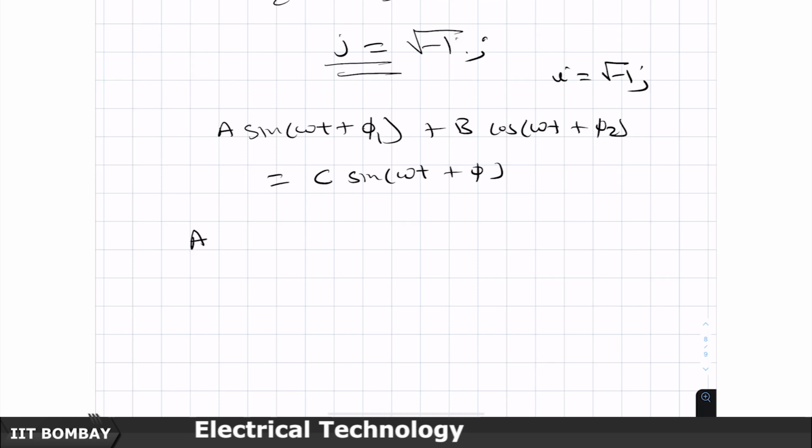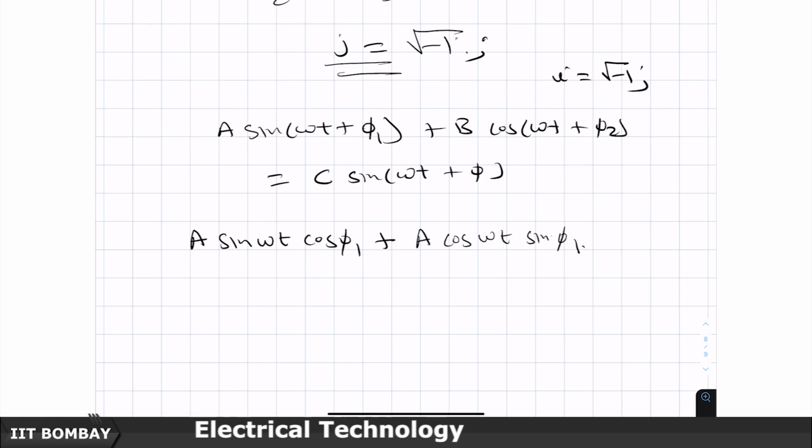Towards this, first let me expand the first term, which is sin of A plus B, which is sin A cos B plus cos A sin B. So sin of omega t cos of phi 1 and cos of omega t sin of phi 1.